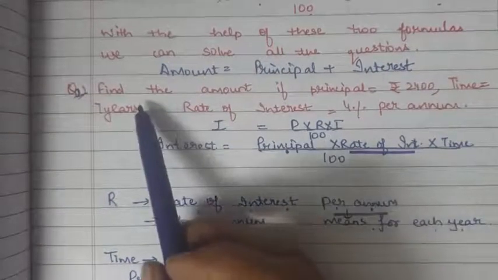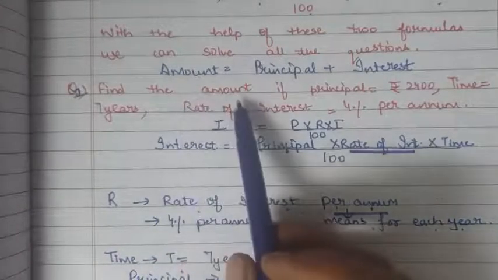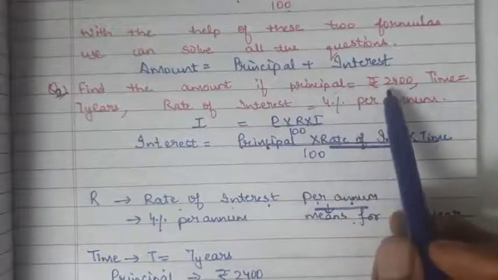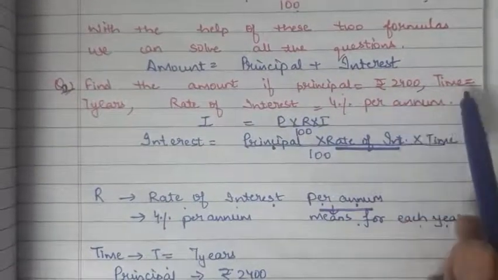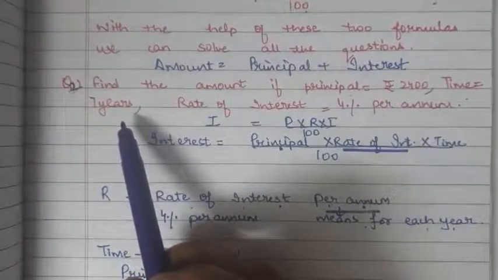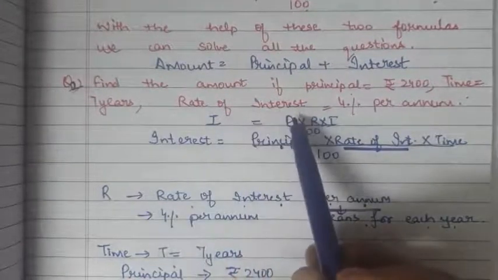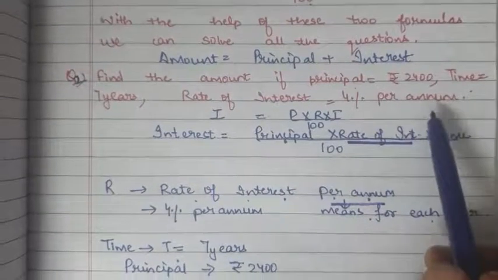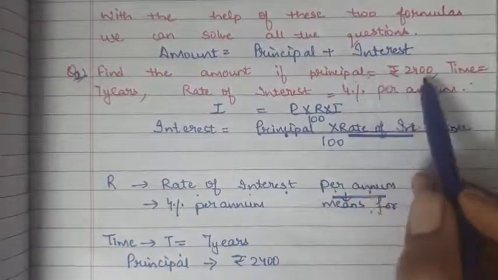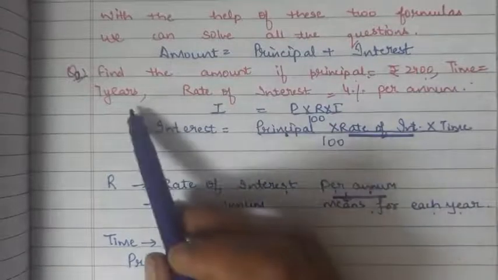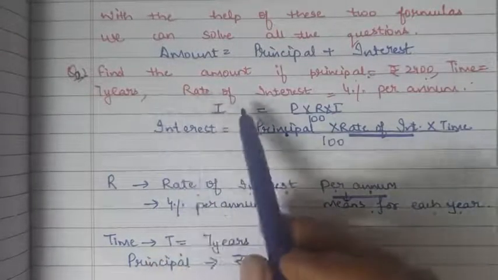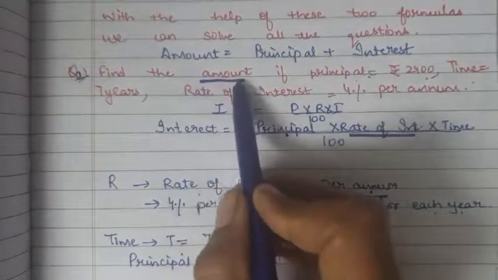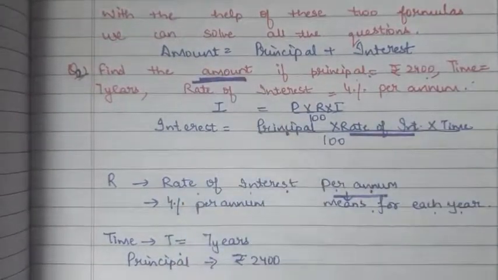Suppose in this question we have to find the amount. If principal is 2400, time is 7 years, rate of interest is 4% per annum. So, principal is given to you, time is given to you, rate of interest is given to you. You have to find the amount.